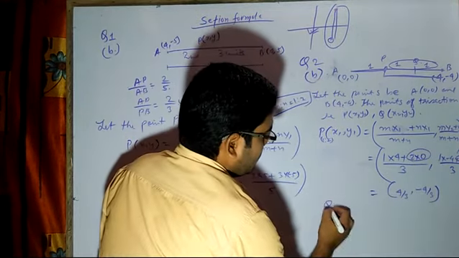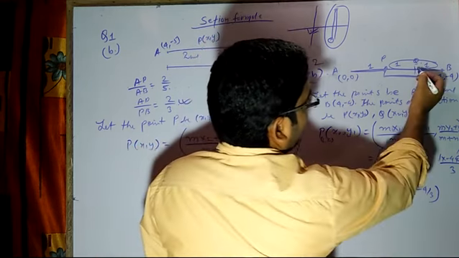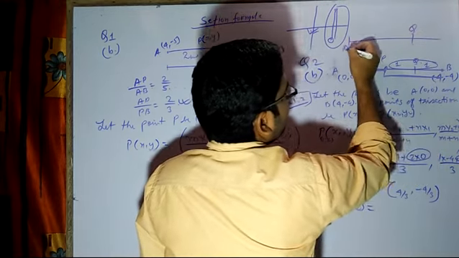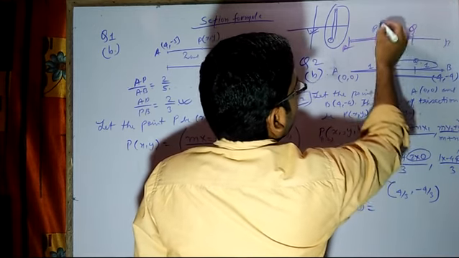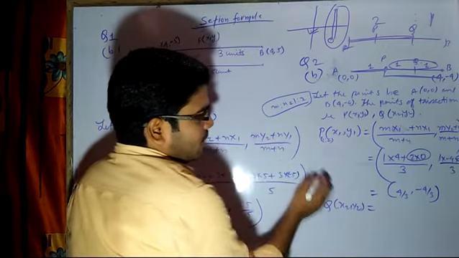Similarly, you will have Q(x2, y2) will be equal to, now here you are having Q, this point is here Q, this is here A, this is B, this is P. So from here to here it will be 2 and here it will be 1. So 2:1. So m will be equal to 2.